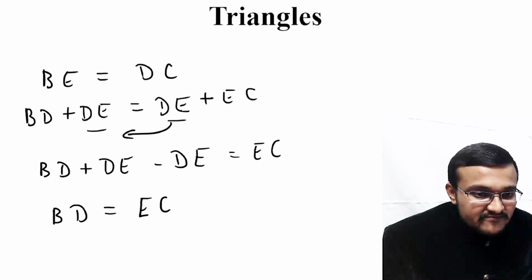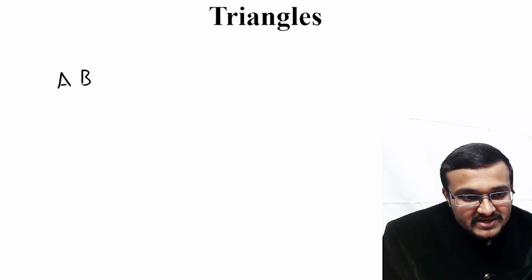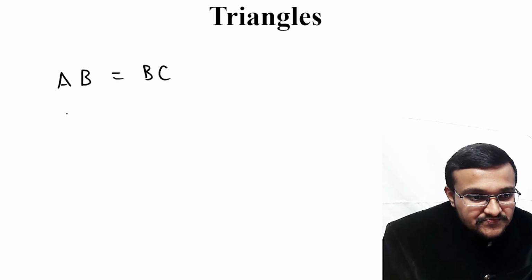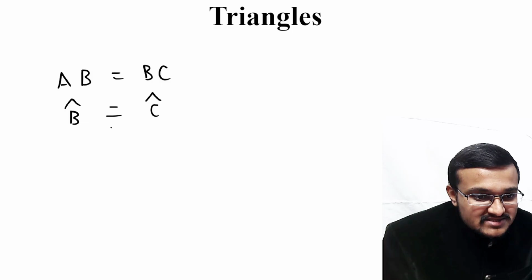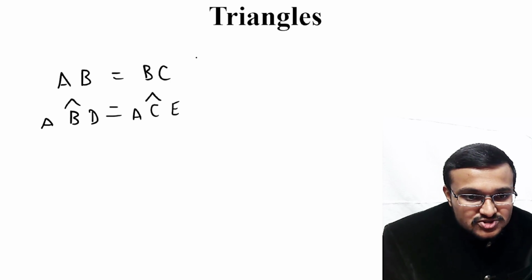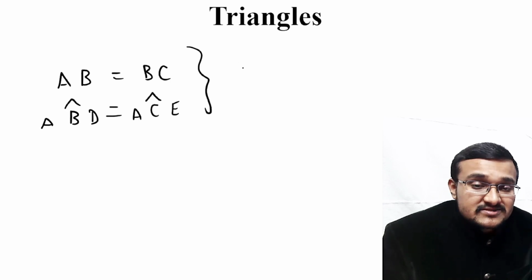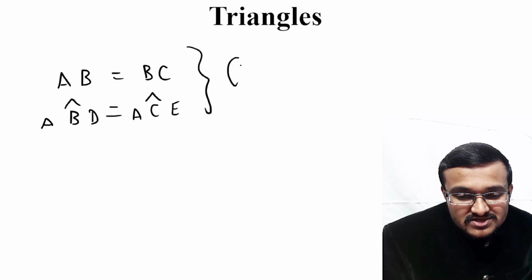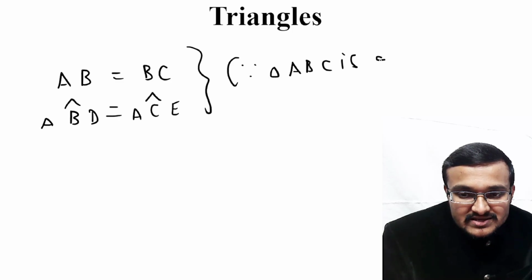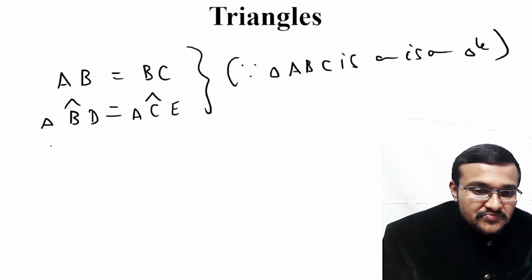So now we have AB is equal to AC, and angle B is equal to angle C, or you can consider angle ABD is equal to angle ACE. These two are possible because triangle ABC is an isosceles triangle.